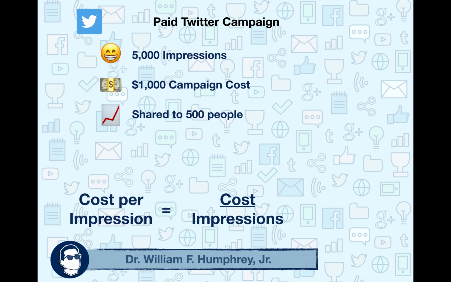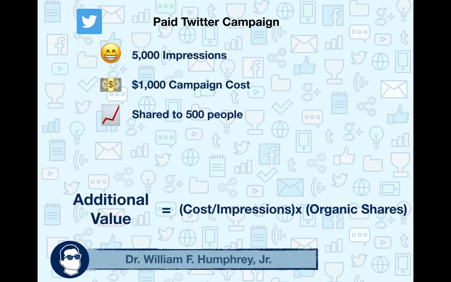So cost per impression is literally what it says, cost divided by impressions. So in this case, it's $1,000 divided by 5,000 impressions, or 20 cents per impression. Really simple calculation. Now, let's see how much additional value was given to you through organic shares.